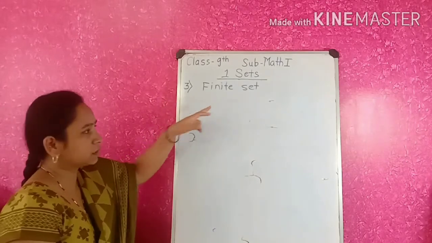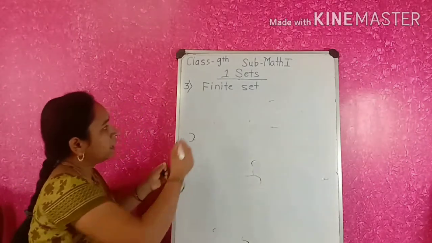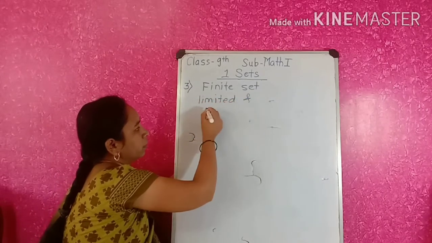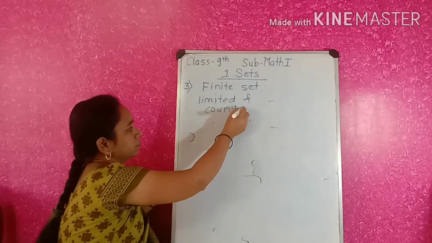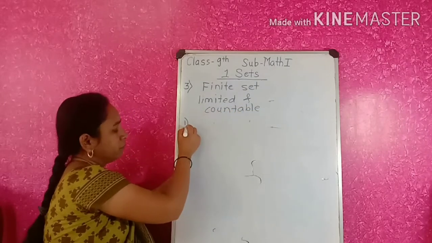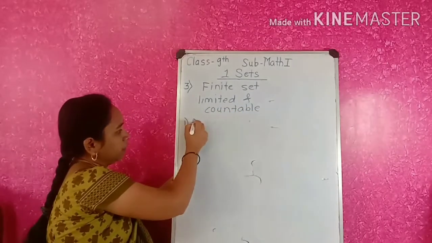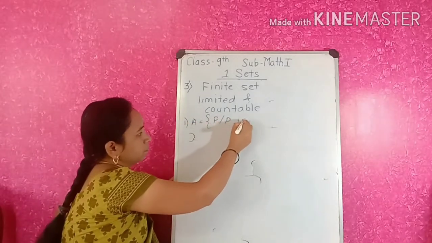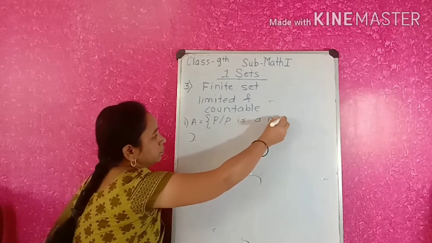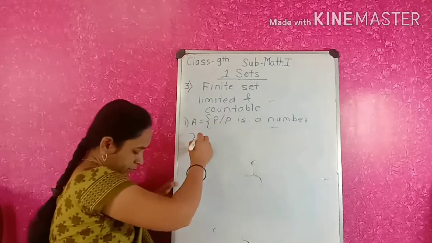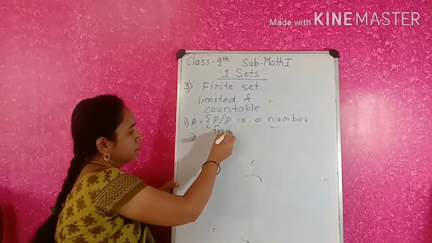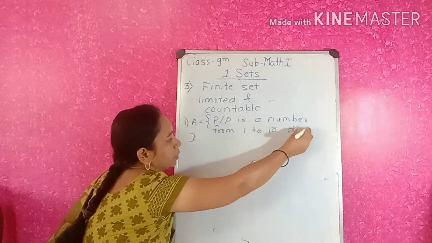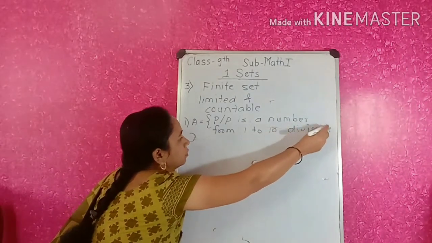Third, finite set. In this set, the elements are limited and countable. So we'll see the example. First example, A is a set of P, where P is a number from 1 to 10 and divisible by 2.